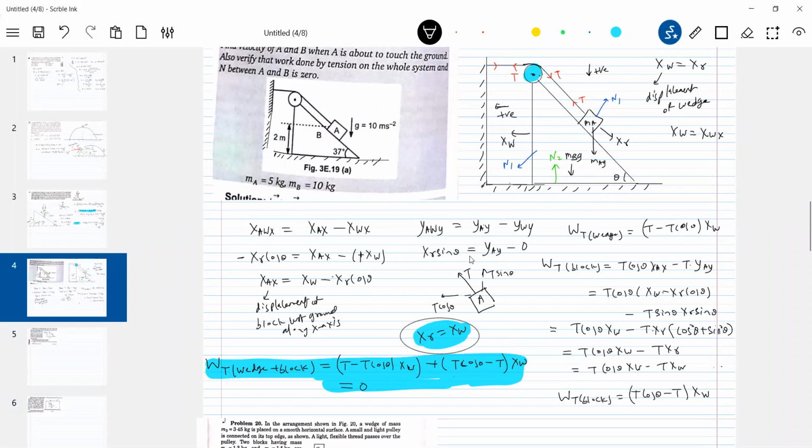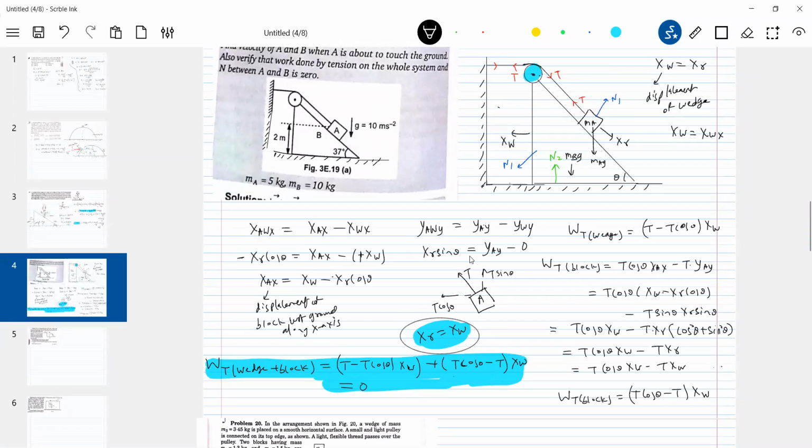For the work done, if the force acts in the direction of displacement, work done is positive. So you should not apply this convention for the work done. In the diagram showing it will be very dangerous, that's why I try to avoid it. Towards left positive, towards right negative, only for displacement, not for work done. Work done, you should not give any sign. If force acts in the direction of displacement, positive, opposite to displacement, negative. Finish over. Getting the idea?